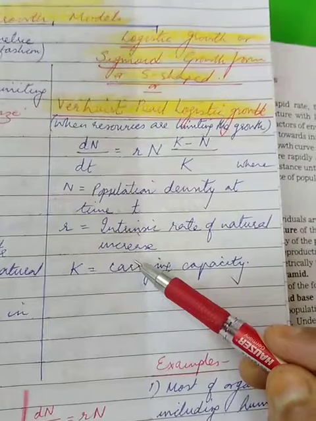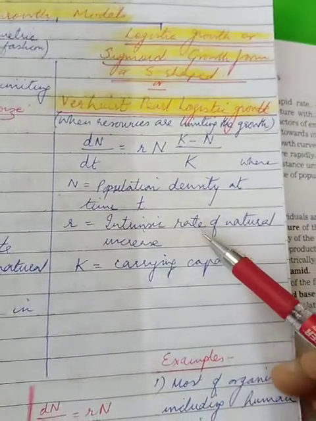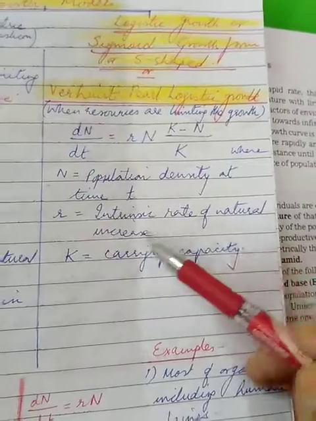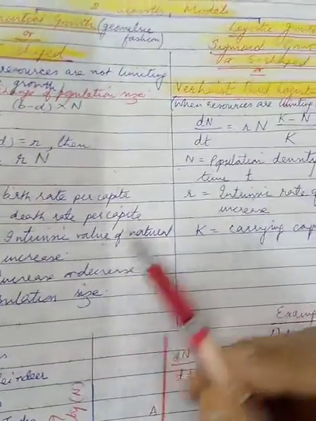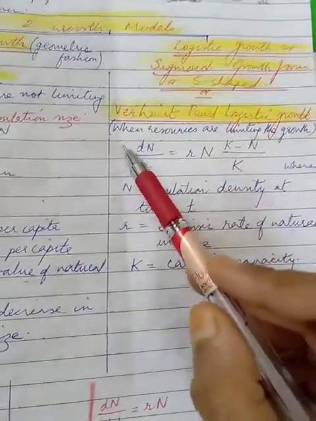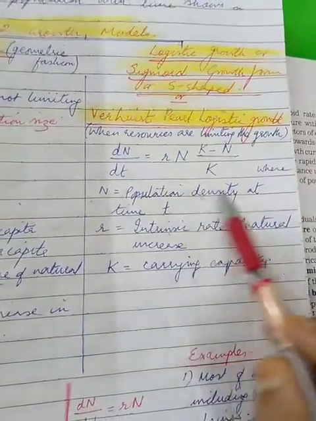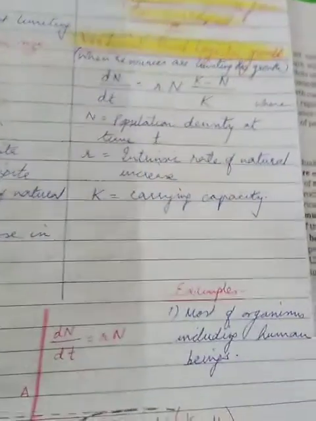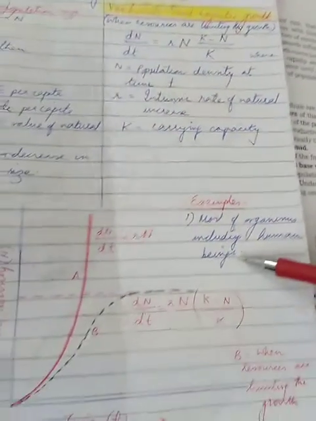We have done it in our previous video. And this small r means intrinsic rate of natural increase. This is the same r. Only this K has come extra as the carrying capacity. So the formula or the equation for the S-shaped curve is this. Examples: most of the organisms including human beings.